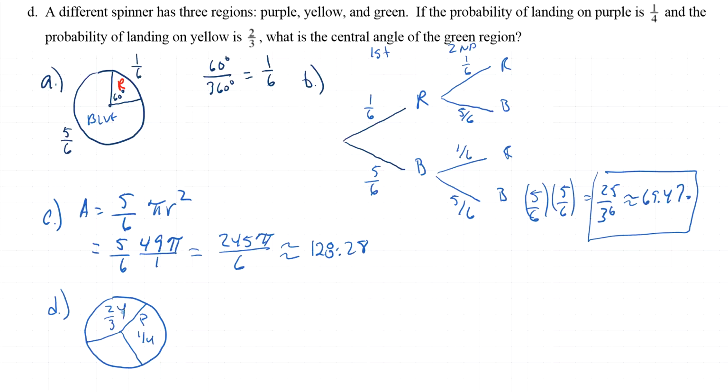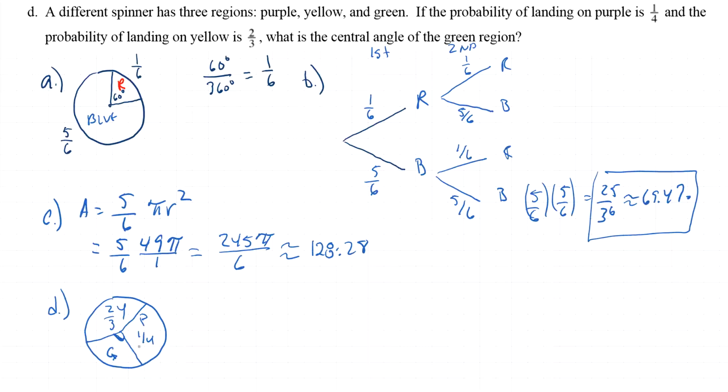That's yellow. And then it says, what is the central angle of the green region? Okay, so this is green. What we want to know is what this angle is. Well, before we can find the central angle, we've got to find the probability for green, because that probability then we can relate to 360 to find the angle.